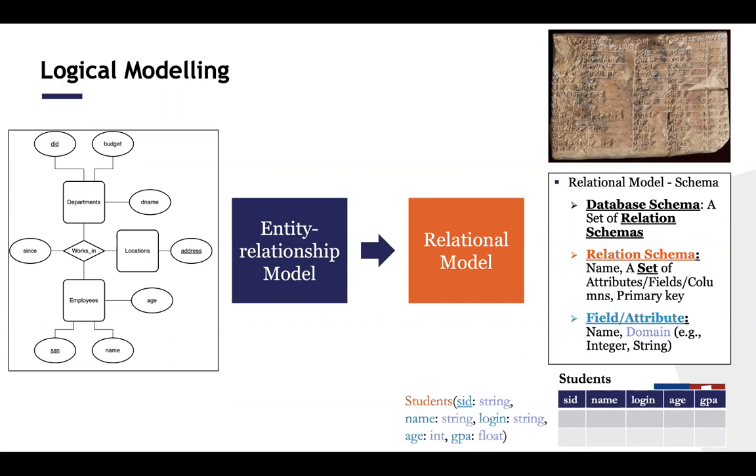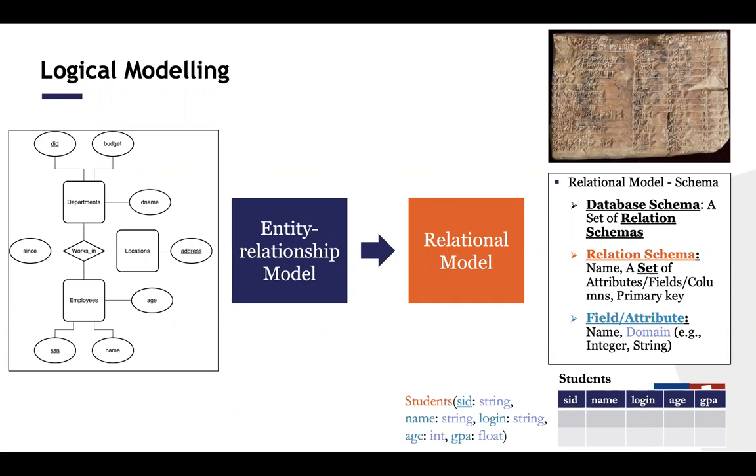In the relational model, all of your data are organized into a set of relations. Each relation has a schema, including the name and the set of columns or attributes, and each relation also has a primary key. Every attribute is a combination of the name of the attribute and the domain of the attribute.